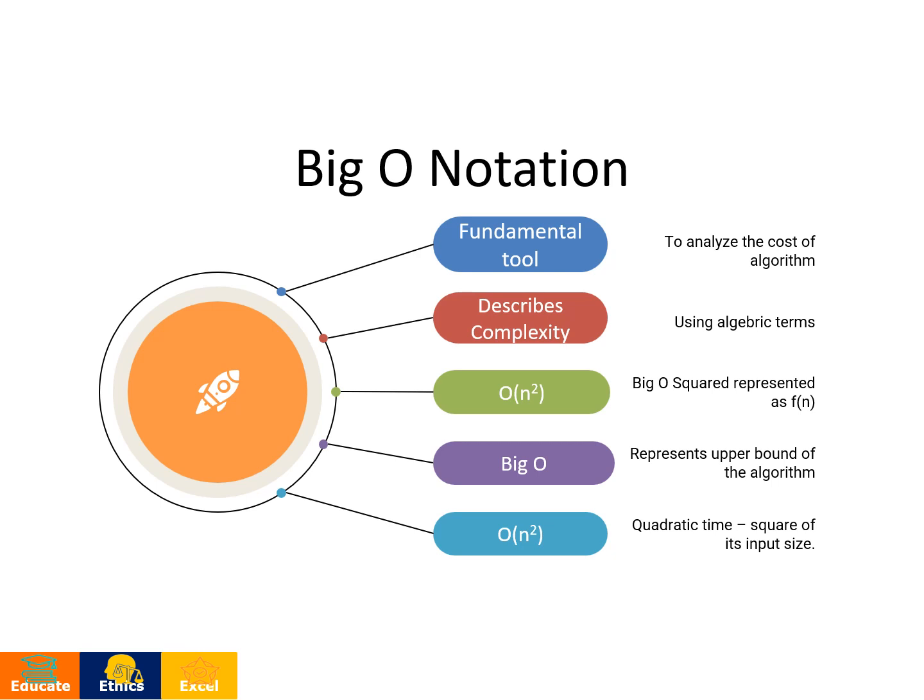Thereby, n should be greater than or equal to k, and k should be greater than or equal to 0. Now here, the O of n squared represents that the time taken is the square of the input size.